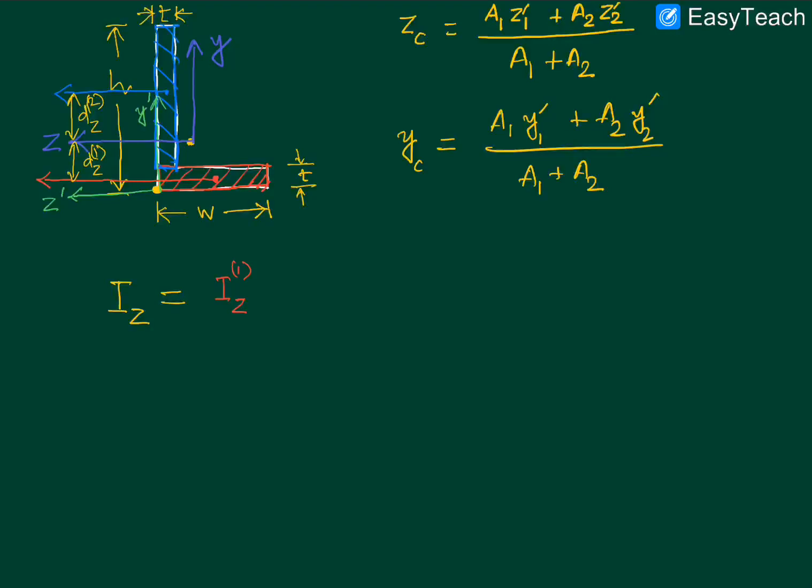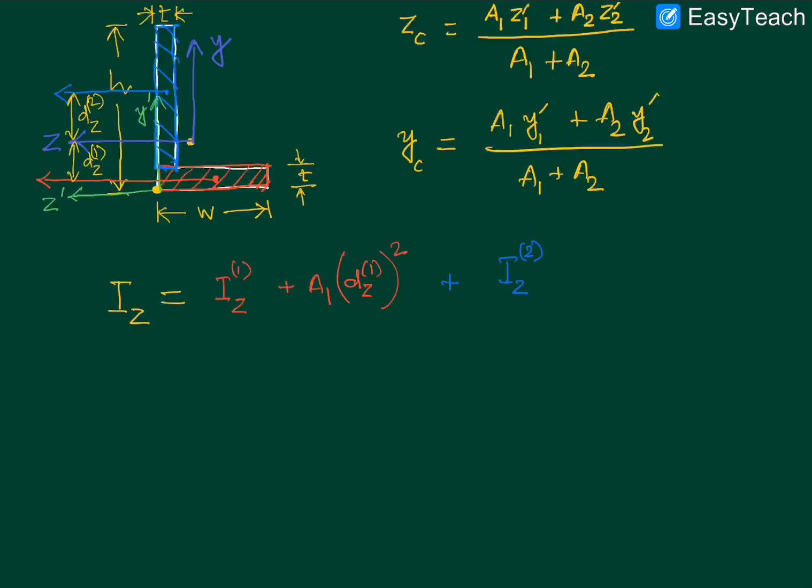But referred to the actual z-axis using the parallel axis theorem, we have to write this as the area of the red colored cross section times dz1, which is the distance between the two z-axes, square of that. Similarly, considering the contribution from the blue colored cross section, what we'll have is IZ2.